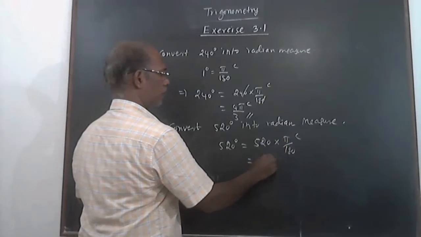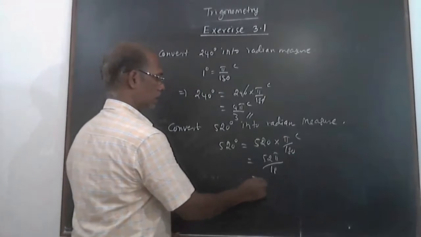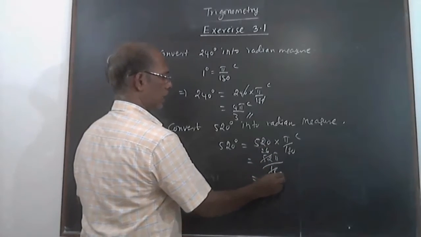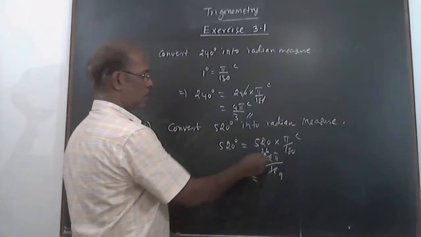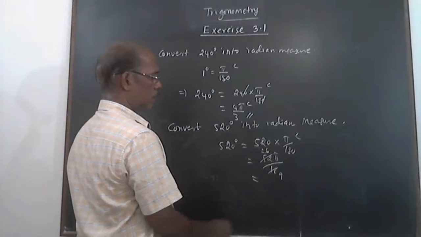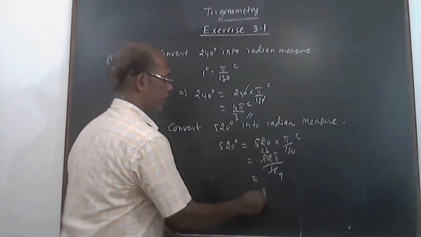Then 52 pi by 18. 26 will not go by 3 and 9 will not go by 3, so we cannot simplify further.